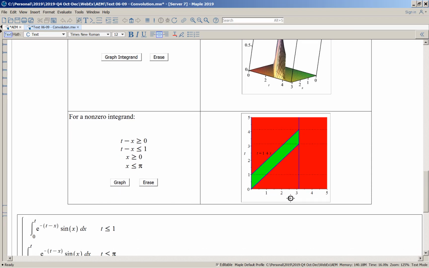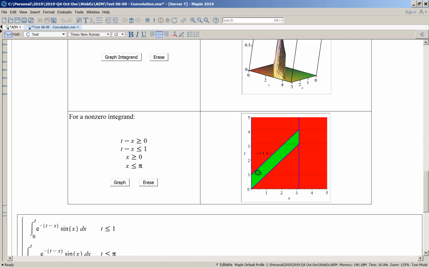So the integration is an x integration for fixed t. So here we are in the xt plane. You fix t, you integrate in x. So when t is less than or equal to 1, this is the integral, and the integral goes from 0 to this line, which is x equals t.